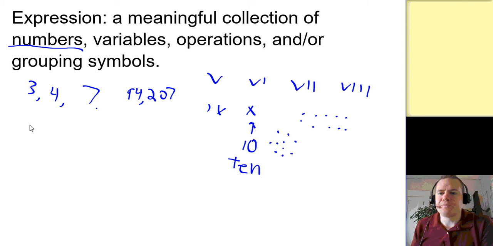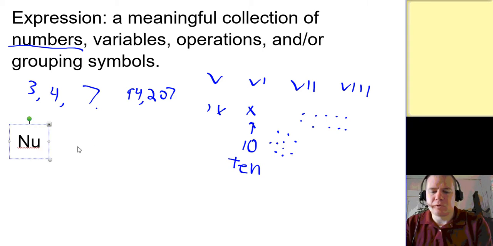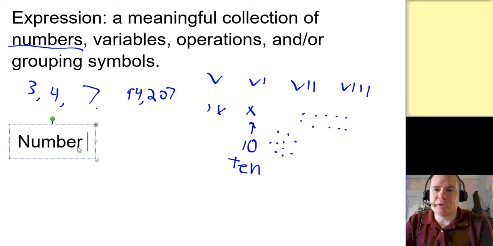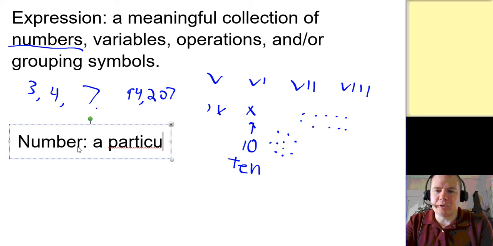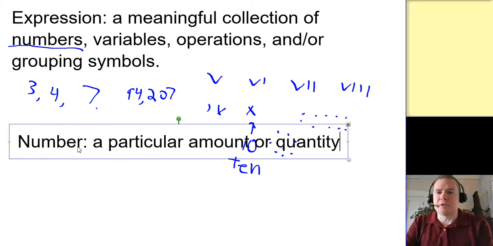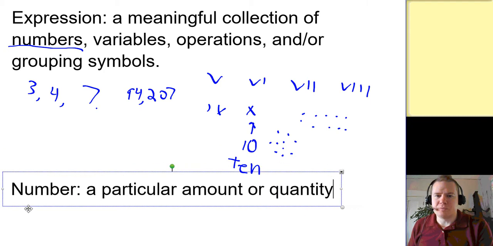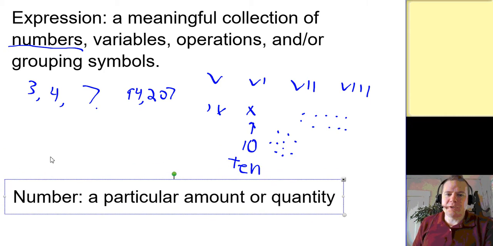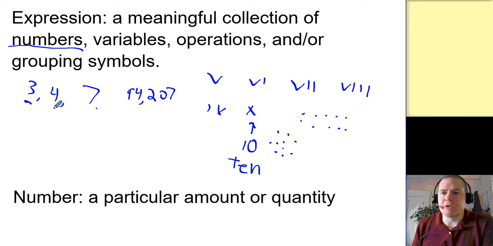So a number just means a particular amount or quantity. Usually we're talking about a discrete number, a counting number, something like 3 or 4, right? We're counting dots here. But a number could be something like 2/3 or 3.479, right?